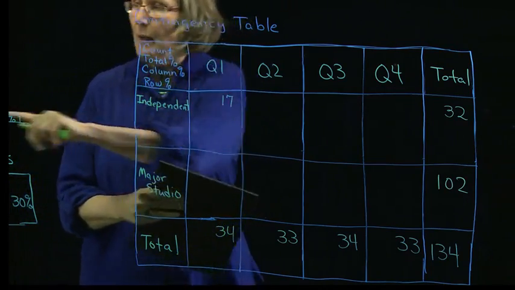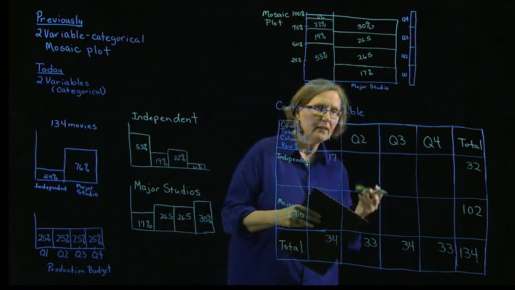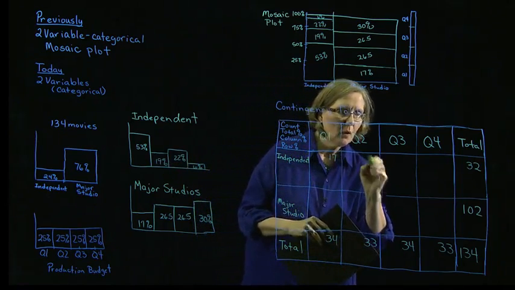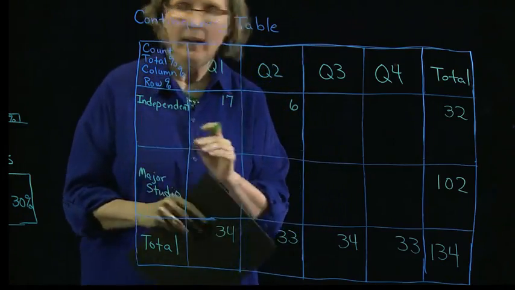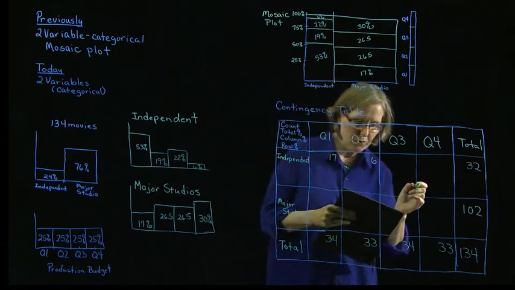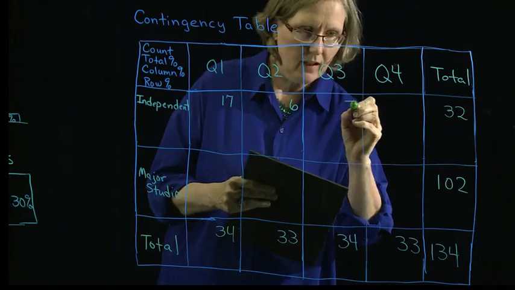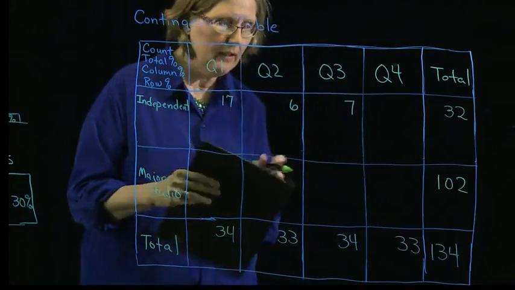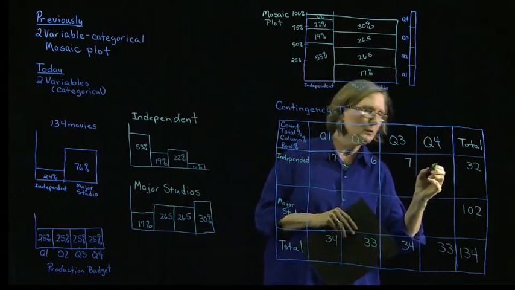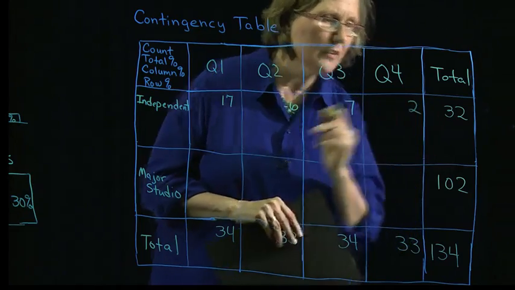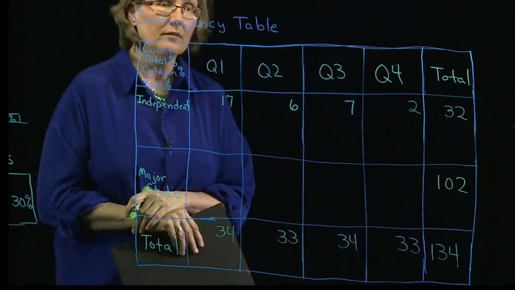Of our independents, 19%, or 6 movies, were in quartile 2. Quartile 3, 22%, or 7 of our movies were in quartile 3. And finally, 6%, or 2 of our movies, were in quartile 4.